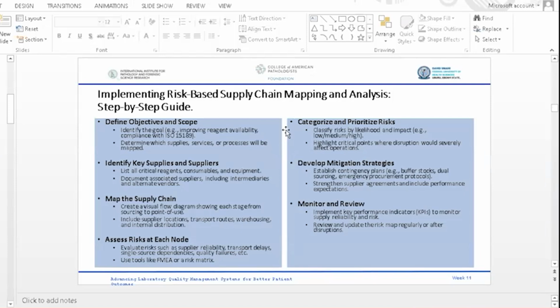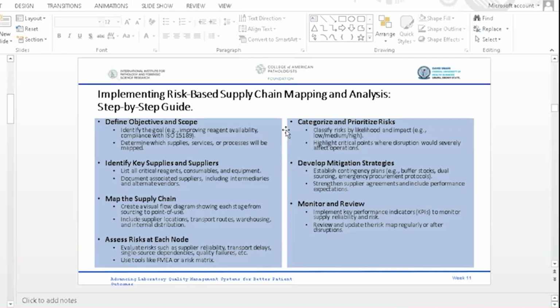Implementing risk-based supply chain mapping and analysis. This is a kind of step-by-step guide on how to implement risk-based supply chain mapping and analysis in the laboratory. It doesn't matter the area of the laboratory, okay? This can be applied. So number one is to define your objectives and scope.